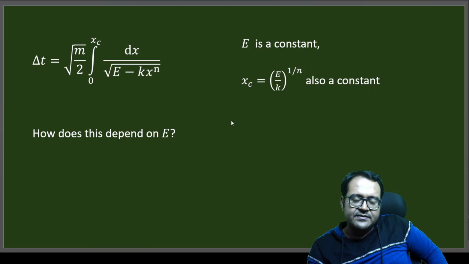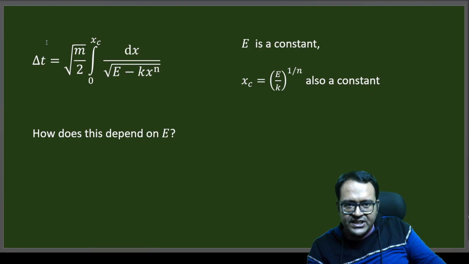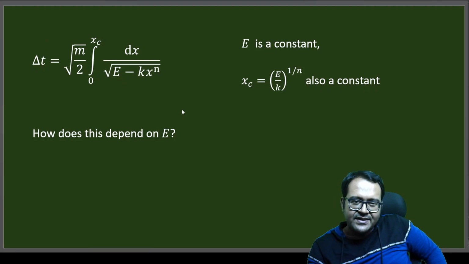We can. Because x will be integrated, but e will be there. So if I can get e out toward the left hand side, I might get something.